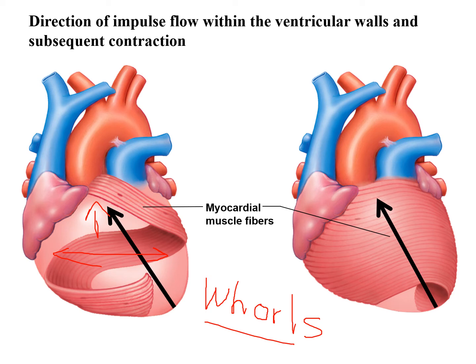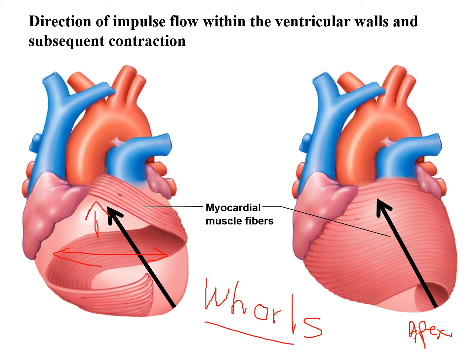Now you have to understand that the contraction of both right and left ventricles begins here at the apex, and then that contraction works upwards as the black arrow is indicating. And that makes sense if you think about the pathway.